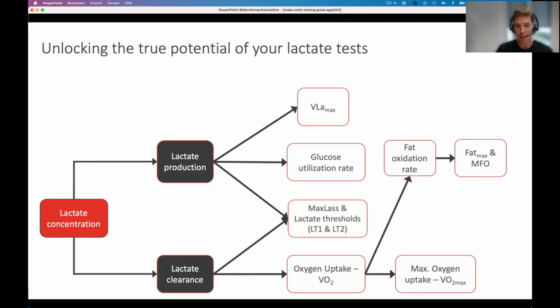Maximum lactate steady state and thresholds are nothing more than the equilibrium between production and combustion, or production and clearance. If you know both, you can get to the maximum lactate steady state. Lactate clearance, as proven by George Brooks with Donovan in 1983, and I can send you the paper if you want, is a function of oxygen uptake. So if you know clearance, you can basically calculate oxygen uptake.